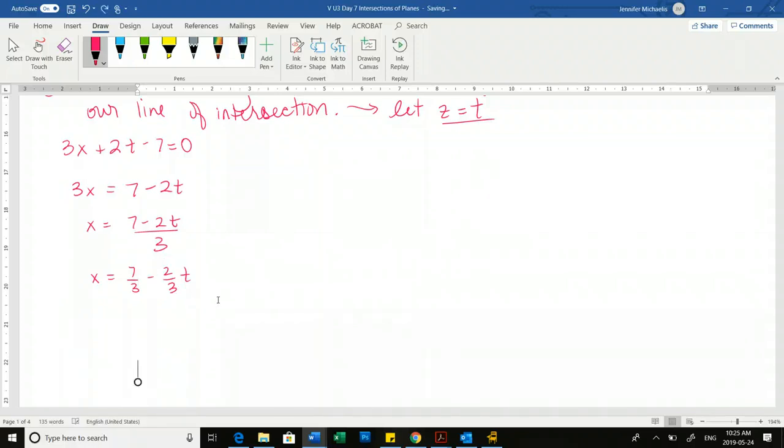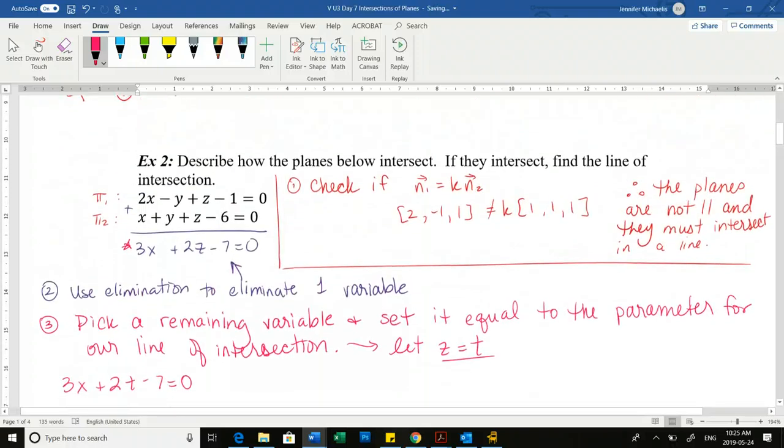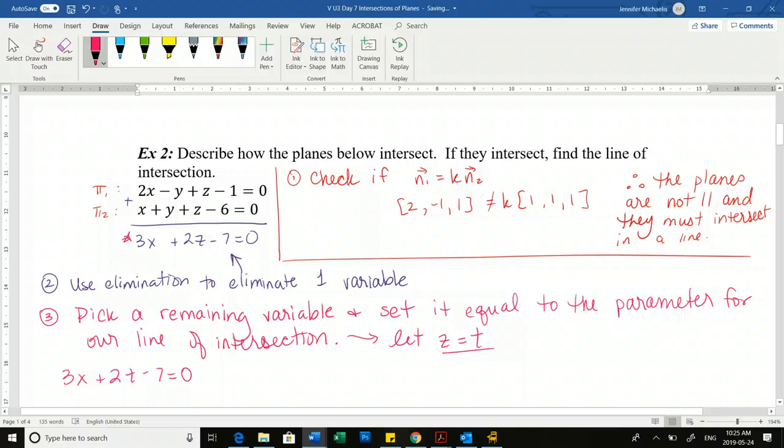And then in one of my other equations, I will sub this in. I'm trying to get y completely in terms of t. So I'm going to sub this in for x in one of my two original equations. I think the second equation will be easier because there's no coefficient in front of the x.